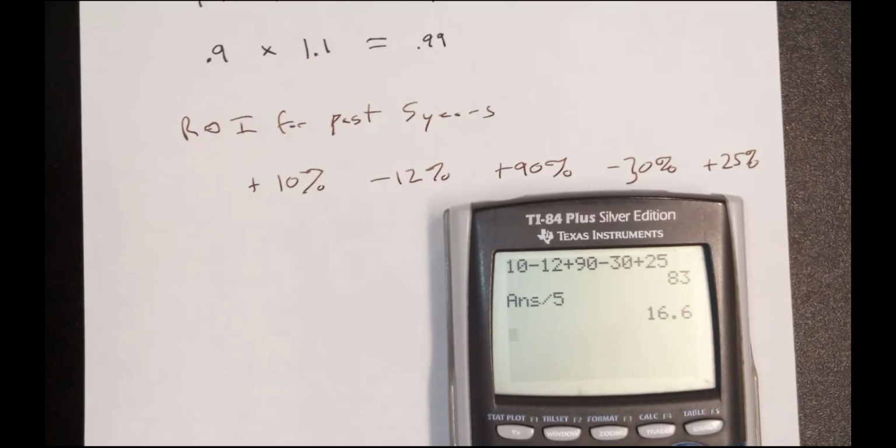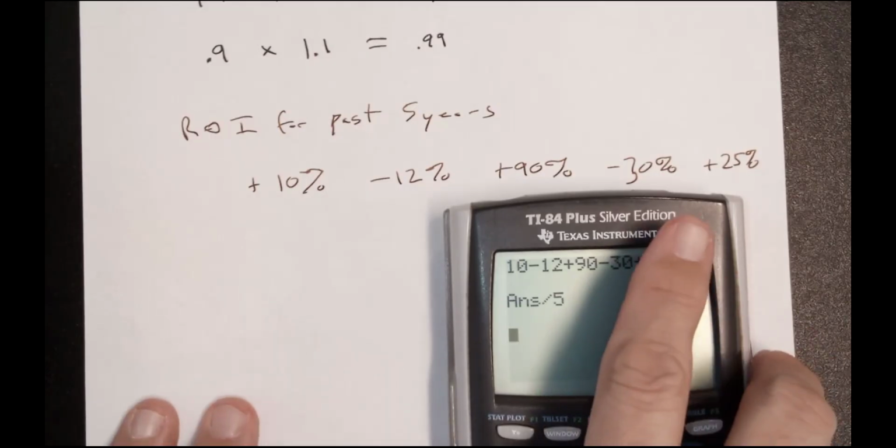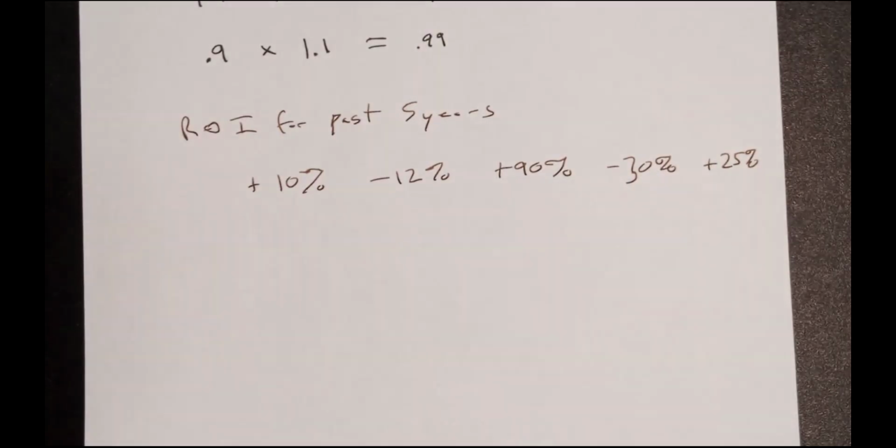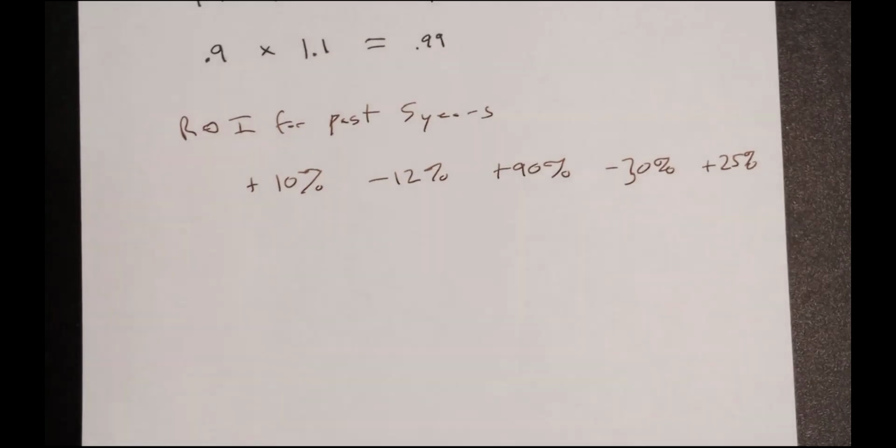But look at what happens if my money market account that followed these returns on investments had $1,000 in it. How would I figure out the value at the end of 5 years? I would take that $1,000 and I'd increase it by 10%, right? But then I'd decrease that amount by 12%. Wait a minute, isn't that multiplying, not adding?